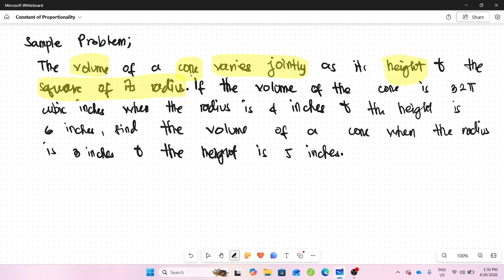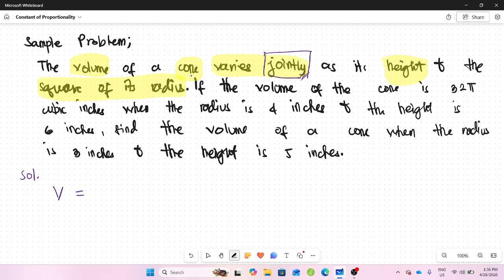So the volume of the cone, let's put that as V, varies. So it depends, or the volume varies, that is, depends jointly. So meaning we would expect more than one variable because this is jointly related.